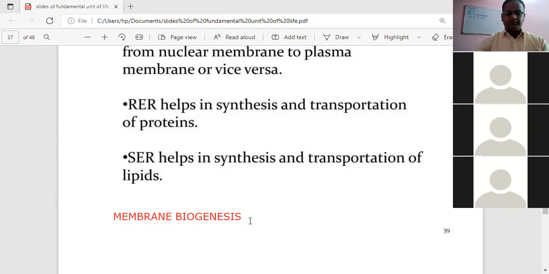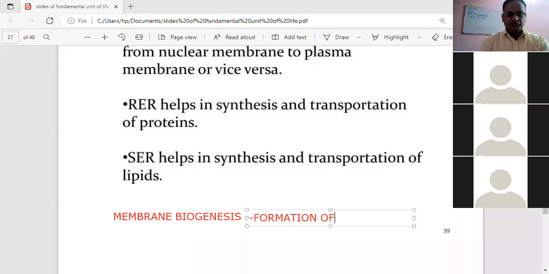Now, students, back to our topic of membrane biogenesis. As I told you, the plasma membrane is made up of lipids and proteins. The rough endoplasmic reticulum helps in the formation of proteins, and the smooth endoplasmic reticulum helps in the formation of lipids. So the lipids and proteins produced by the endoplasmic reticulum help in the formation of the membrane.